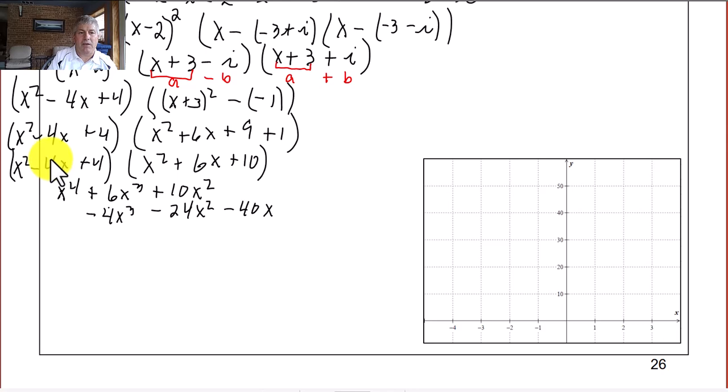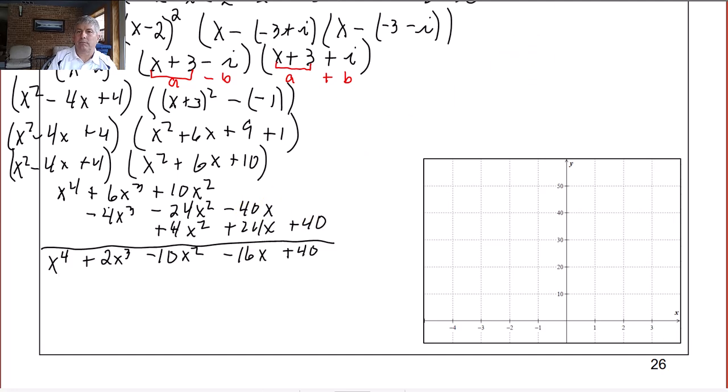Then the negative 4x times all three gives negative 4x cubed, lining up my x cubes, negative 24x squared, minus 40x. Then the 4 times all three gives 4x squared in my x squared column, plus 24x plus 40. Adding my like terms down, my polynomial is x to the 4th plus 2x cubed minus 10x squared minus 16x plus 40.